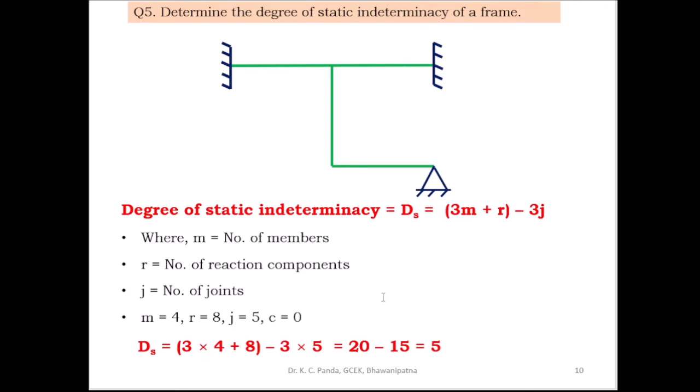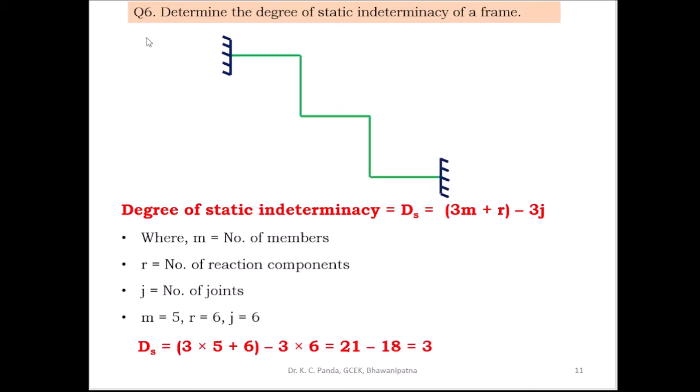Then the degree of static indeterminacy can be determined using this formula. ds is equal to 3m plus r minus 3j, 3 into 4 plus 8 minus 3 into 5. This is equal to 20 minus 15 is equal to 5. So the degree of static indeterminacy of this frame is equal to 5. And also you can find out using the other approach.